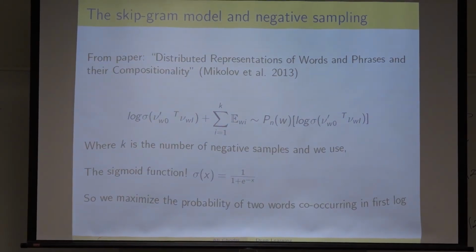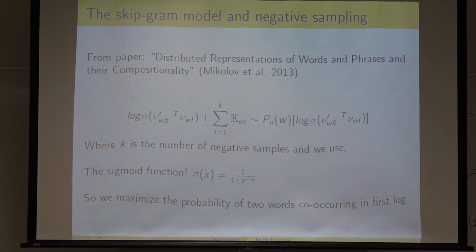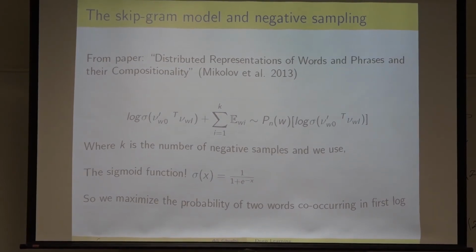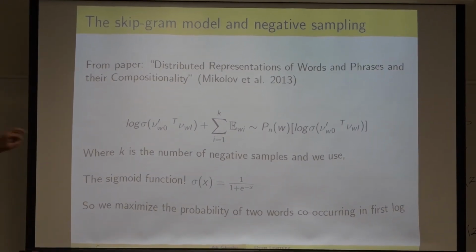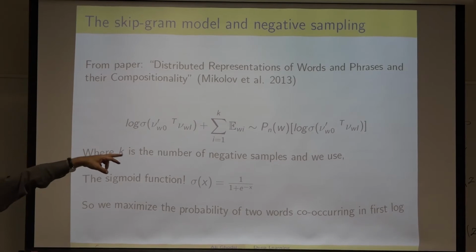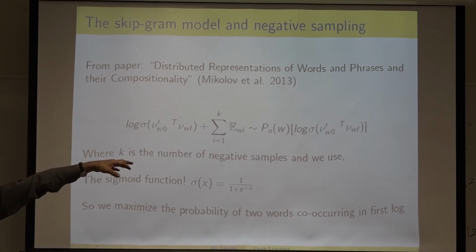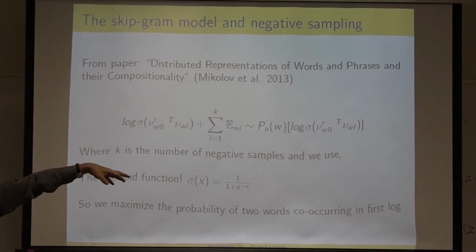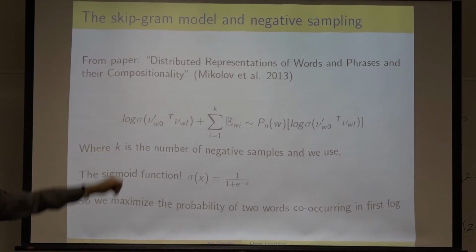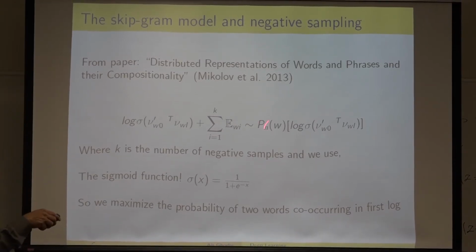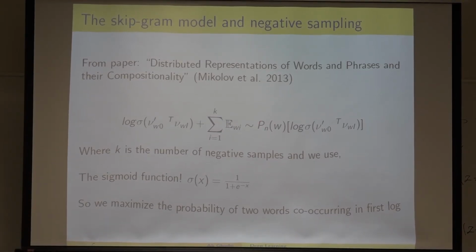Okay, why are they doing this? It's completely heuristic. They tried many different things, and it turned out to be better. And intuitively, it makes sense, because I'm going to tell you how they generate these words that are not in the corpus, and it makes sense that you need more than one of them. The pairs that are in the corpus are clear.